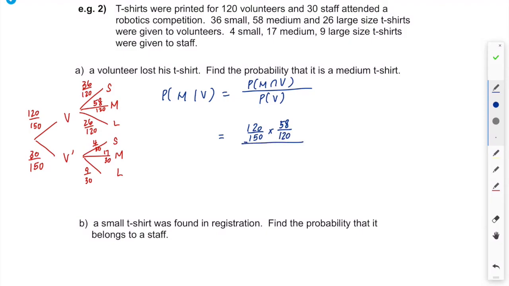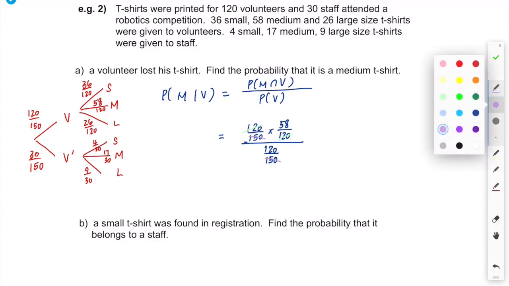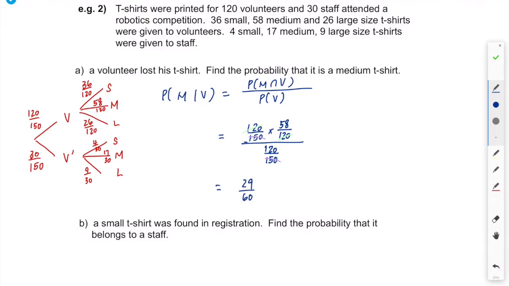And then probability of volunteer, I know is 120 over 150. Okay, the first branch. So let's see. I can cancel the 120. So the numerator becomes 58 over 150. Denominator is 120 over 150. So that means I can further reduce. That's convenient. 58 over 120, both are even numbers. I can reduce. Okay.